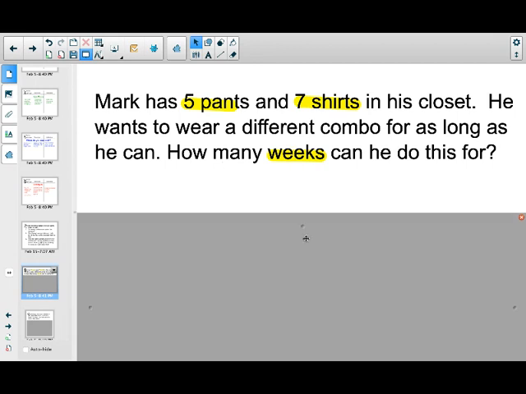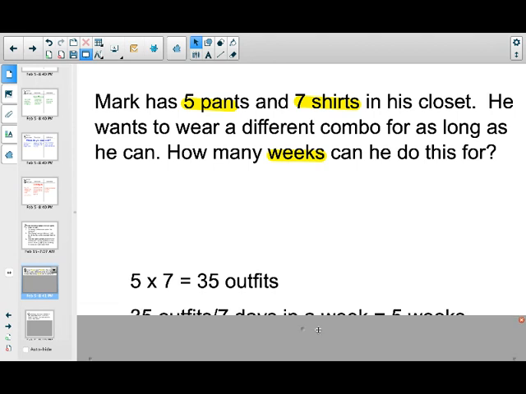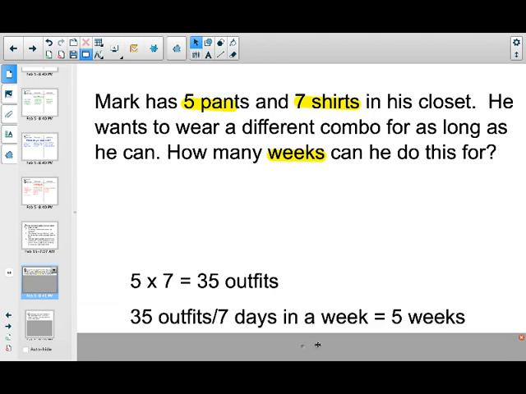The first thing we have to figure out is how many total outfits there are. This is where we're going to use MCP. We're going to do 5 times 7, which gives us 35 outfits. Now I want to figure out how many weeks. A key thing I highlighted here is 7 days in a week. So we take our 35 outfits, divide by 7, and he could do this for 5 weeks.